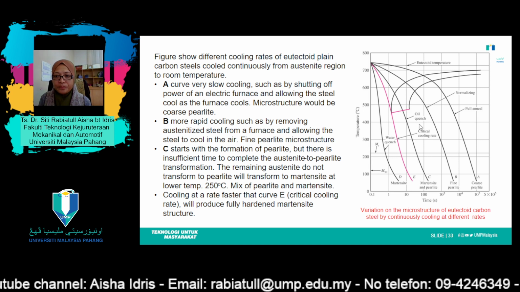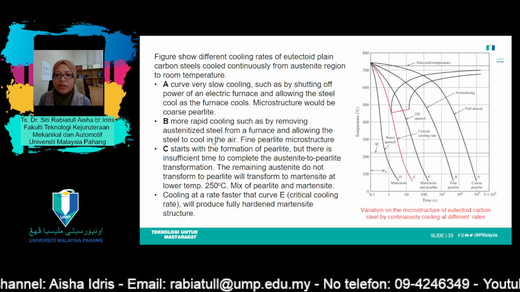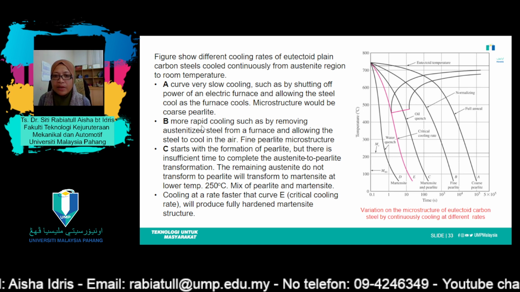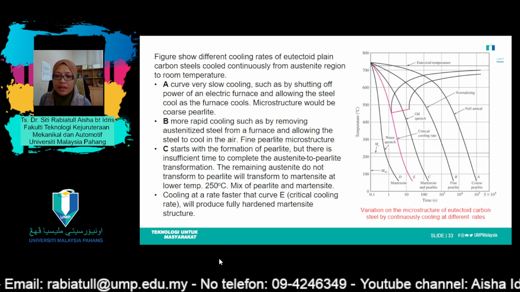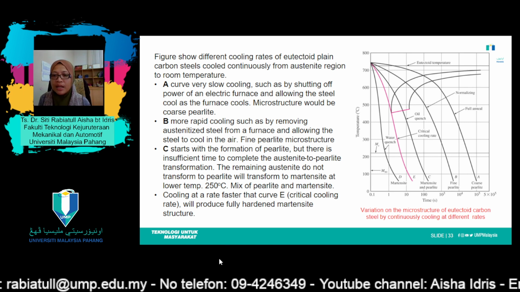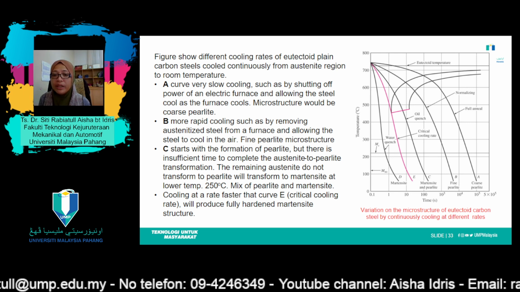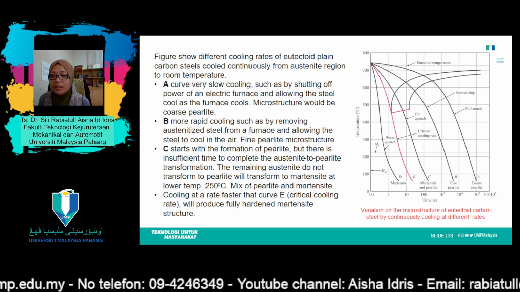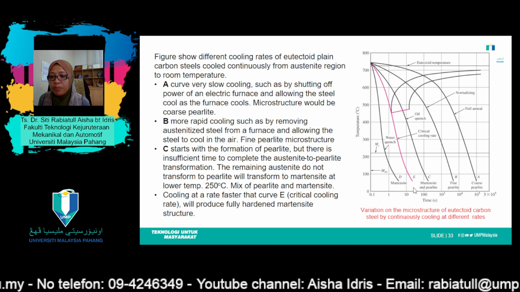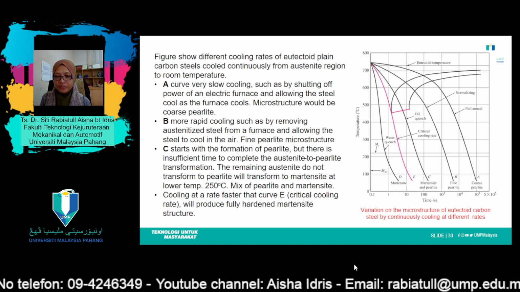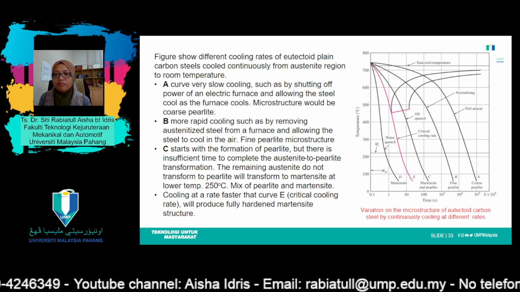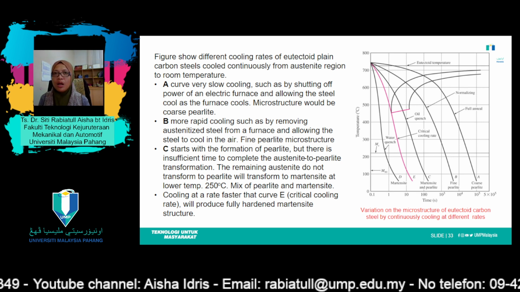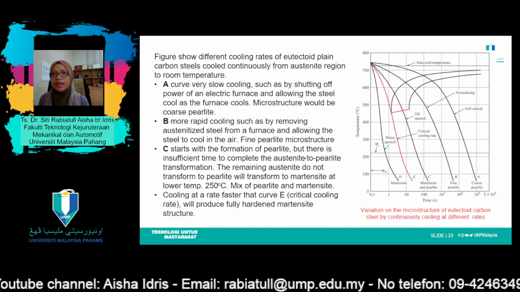Profile B here represents a rapid cooling, for example, removing the austenite steel from the furnace and allowing the steel to cool in air. In this case, fine pearlite will be produced. I hope you can imagine how the process is conducted.